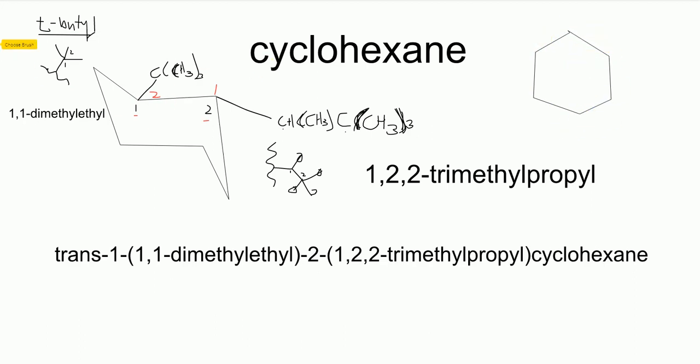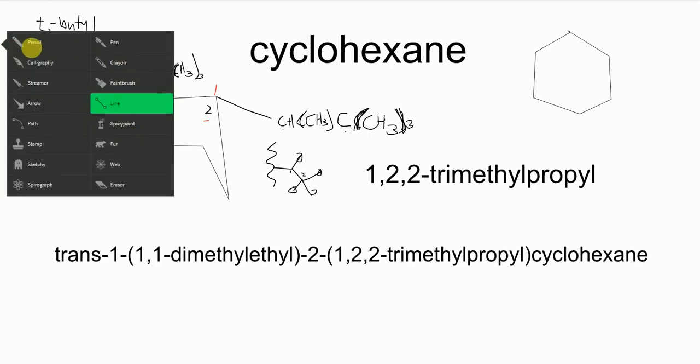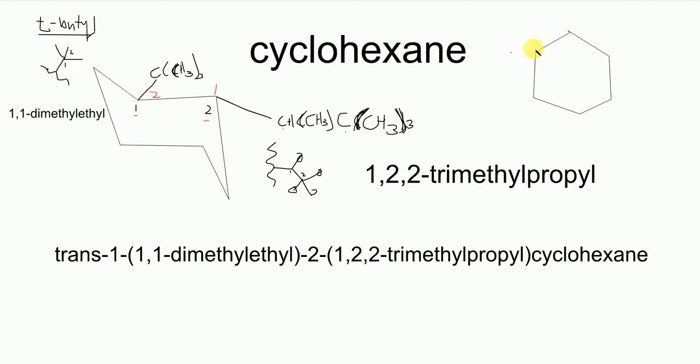All right, so that's the regular cyclohexane, and then I need to add the groups. So we said this is 1, this is 2. Actually, let's just make this down here. So this is 1, this is 2. 1 is just the t-butyl group, and 2 is this crazy group, so like this.